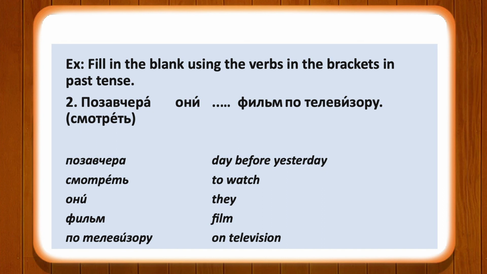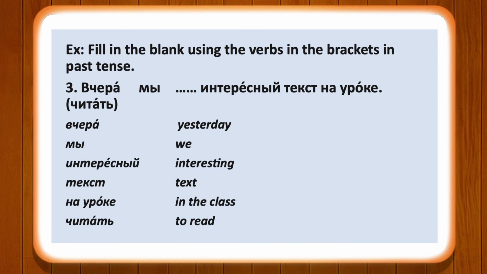The verb in the bracket is смотреть. Смотреть means to watch. The past tense form will be formed according to the subject of the sentence, which is они. So again you will be using the plural form of the verb, смотрели. So позавчера они смотрели фильм по телевизору. The next sentence is вчера мы интересный текст на уроке.